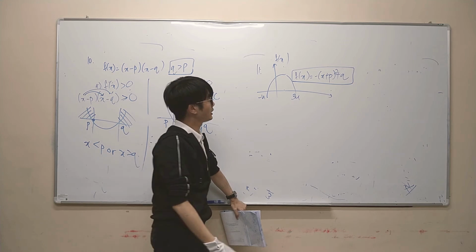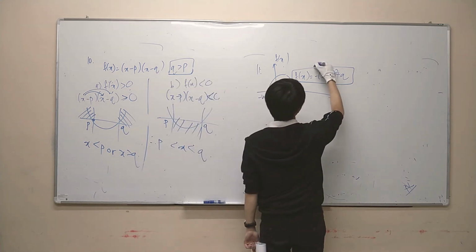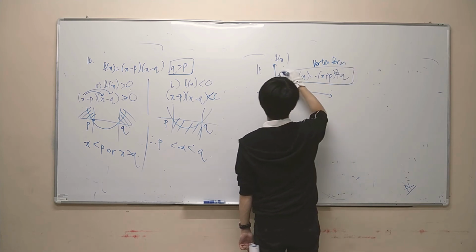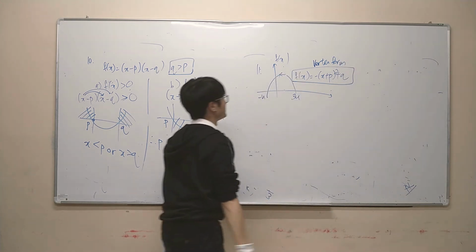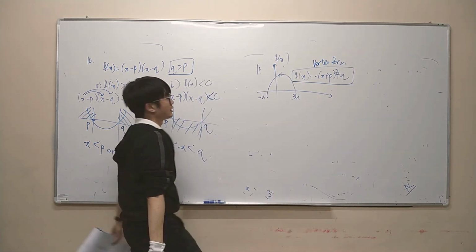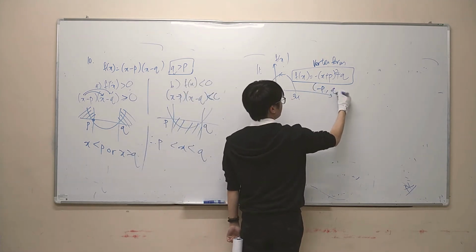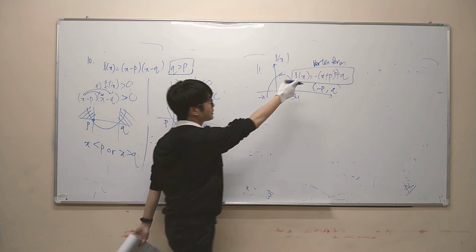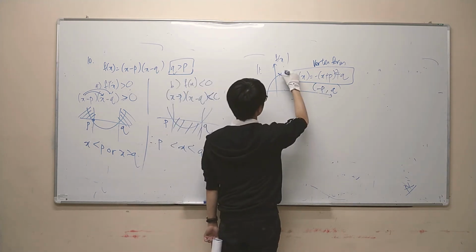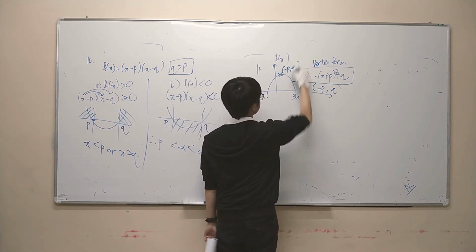After completing the square, right? Because this is already in vertex form, and in vertex form you can get the turning point. And what's the turning point? Negative p, q, right? The p when you take out, you have to change the sign. So the maximum point here is negative p, q lah.